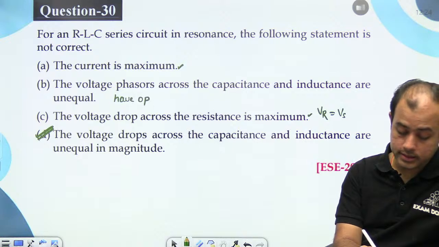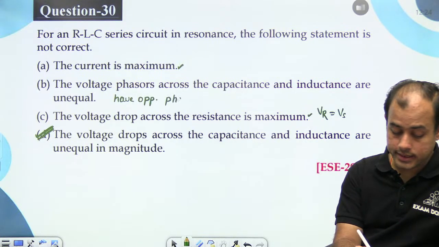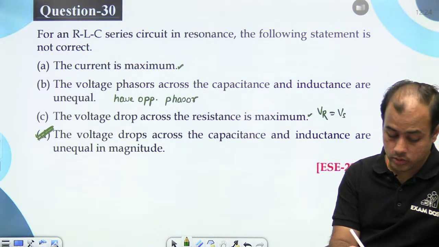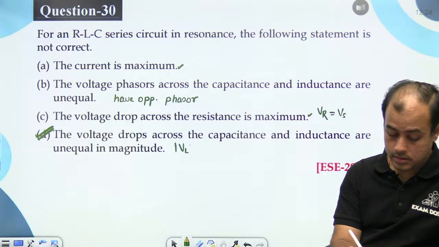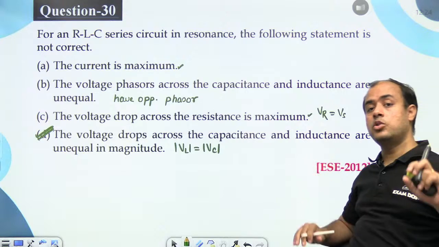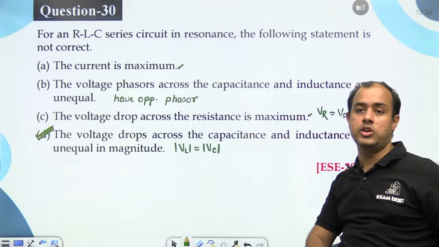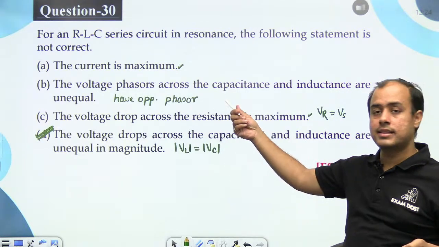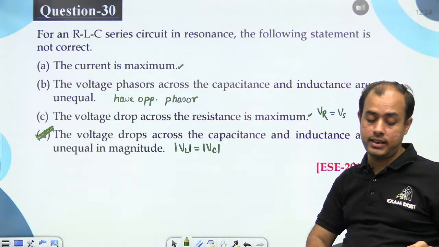Phasors are opposite, that is why you can say they are unequal, but the magnitudes are equal. So we should choose D. Magnitudes are equal, phases are opposite. So phasors you can say are unequal, but the magnitude will be equal.